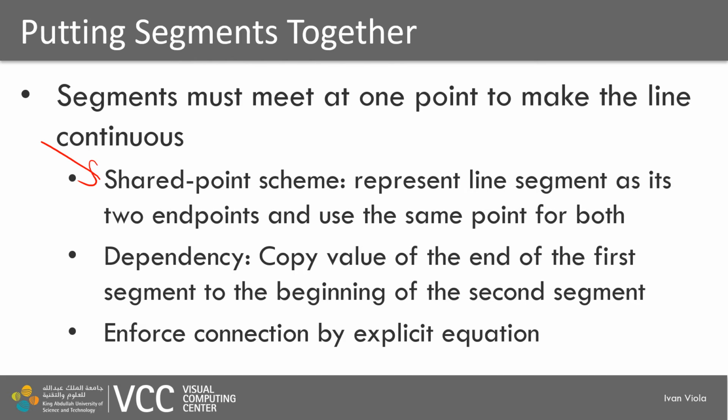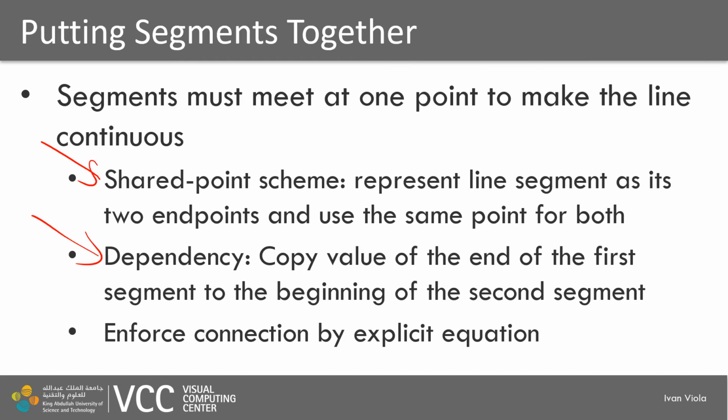So that is one approach for how we can form a continuous segments representation. And the other one will be a dependency scheme. So we will not have defined the endpoint explicitly, but this endpoint will be computed from the previous segment. And from that point, the curve will continue for the second part of its parameter interval.